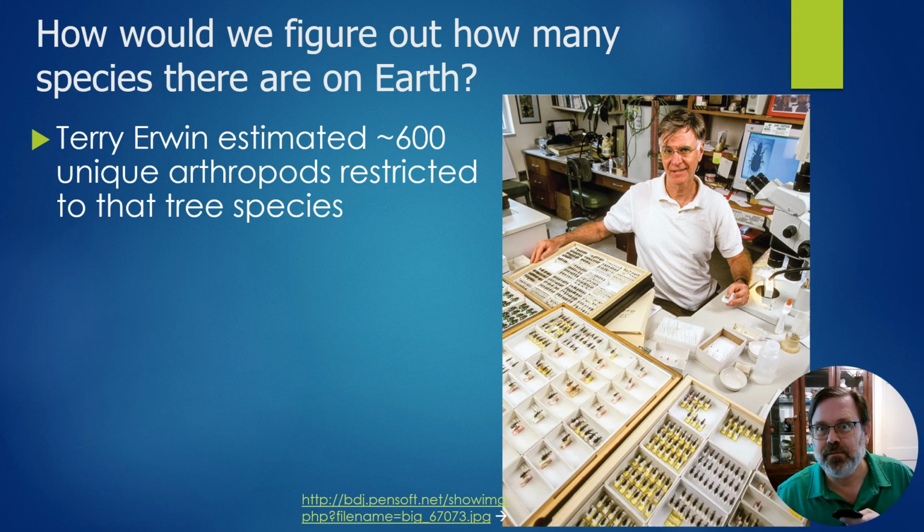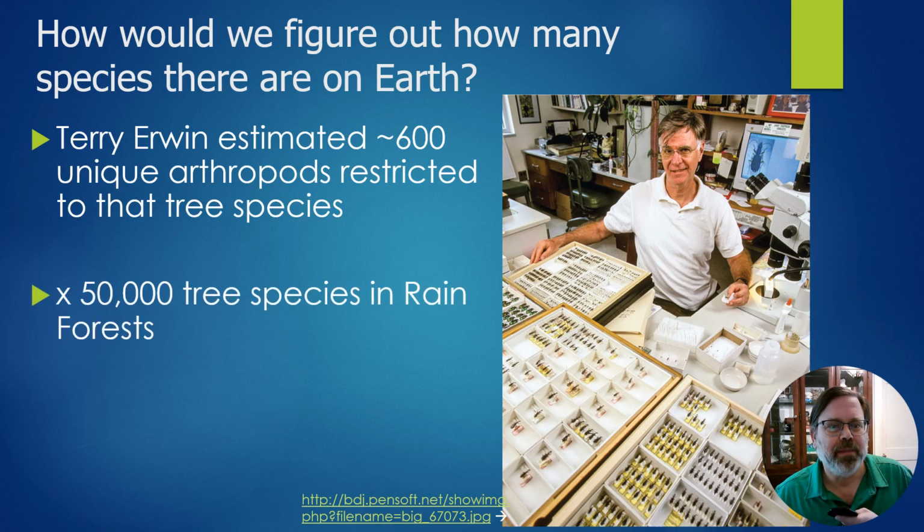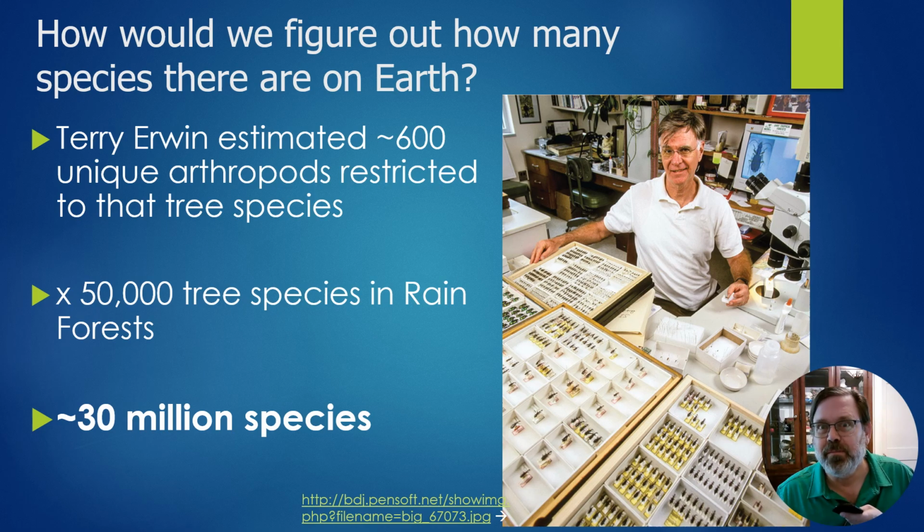Again, that's an estimate, but it's at least a first crack at the biodiversity of the planet. Multiply these 600 species times 50,000 species of trees found in the tropical rainforests of the world and that gives you a grand total of 30 million species.